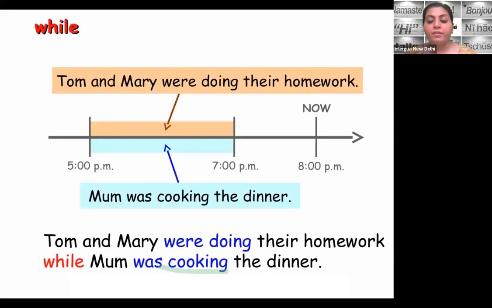Tom and Mary were doing their homework while mom was cooking the dinner. Here we are joining these two sentences using the word while, and both of them are using ing or past continuous tense.